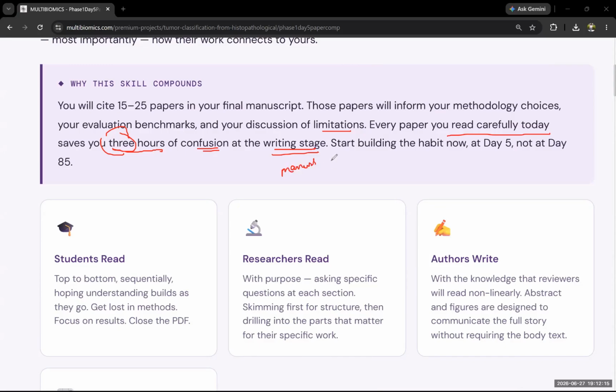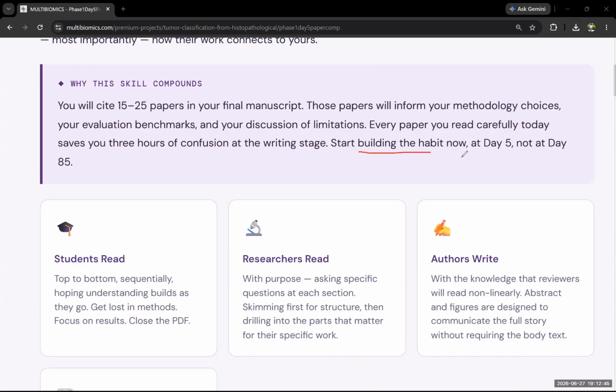And not only for writing the manuscript, while performing the practical workflow also, you will be saving most of the hours, trust me. If you have seriously attended these classes, it will be very easy for you. Even many of you who don't understand how to code, it will become slightly easier. And if you already know how to code, then it will be much easier for you.